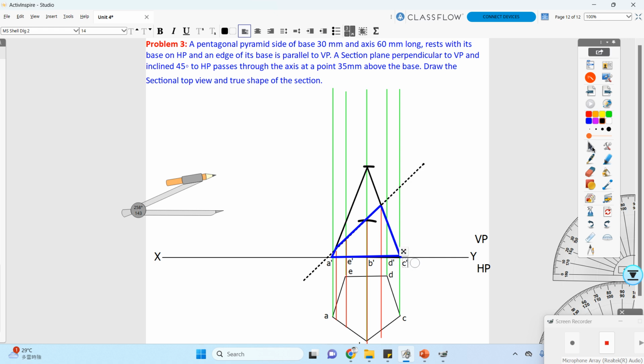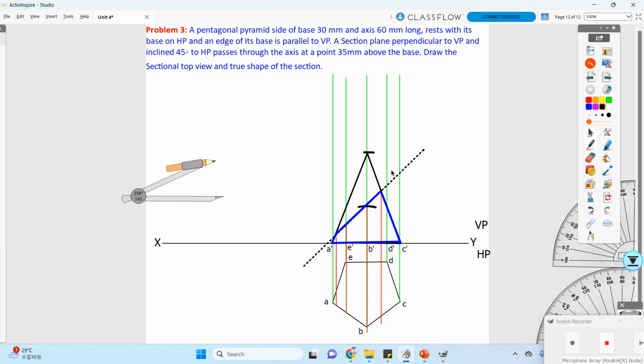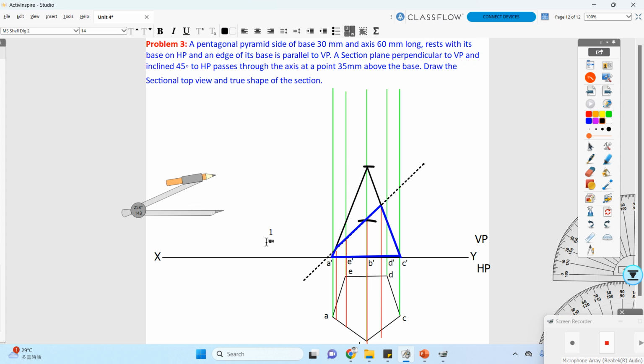Okay, so now what we can do is start marking the cutting plane conditions also, that is 1 dash on this point, then 2 dash on this point, then 3 dash on this point, then 4 dash on this point, and 5 dash over here, then 6 dash over here, then 7 dash on this side, and 8 dash over here.